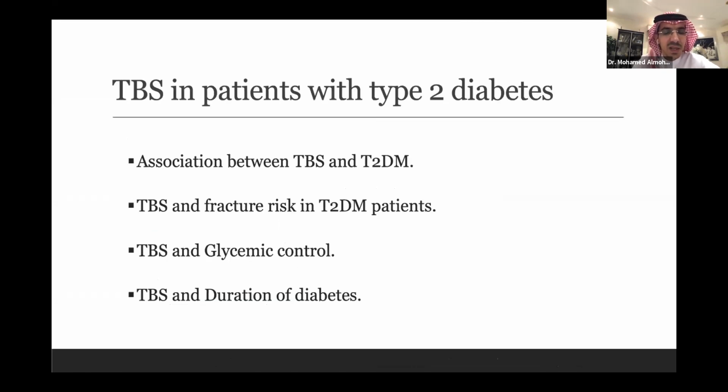My talk will touch on the association between type 2 diabetes and trabecular bone score, and whether it reflects into fracture risk in type 2 diabetes patients. We'll also talk about whether there is any effect of glycemic control on the trabecular bone score, and what the effect of duration of diabetes on the TBS value is.